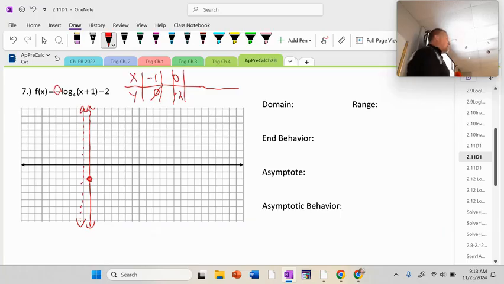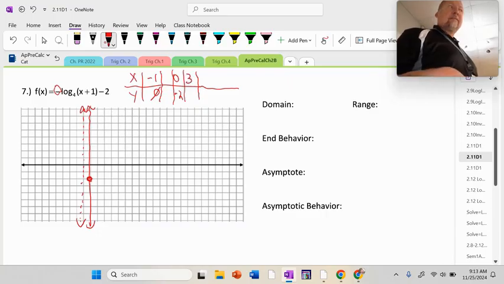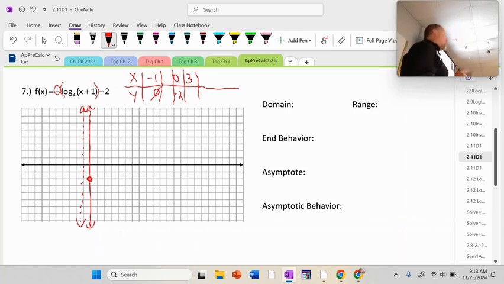What's next? It's log base 4. So I got to get 4 in there. How do I get 4 in there? Plug in 3. Was that Raiden? I think that was his voice. Nice. 3 plus 1 is 4. What's log base 4 of 4? This is what I screwed up last hour. What's log base 4 of 4? 1, but then it's negative. I screwed that up because that negative's floating on the outside.